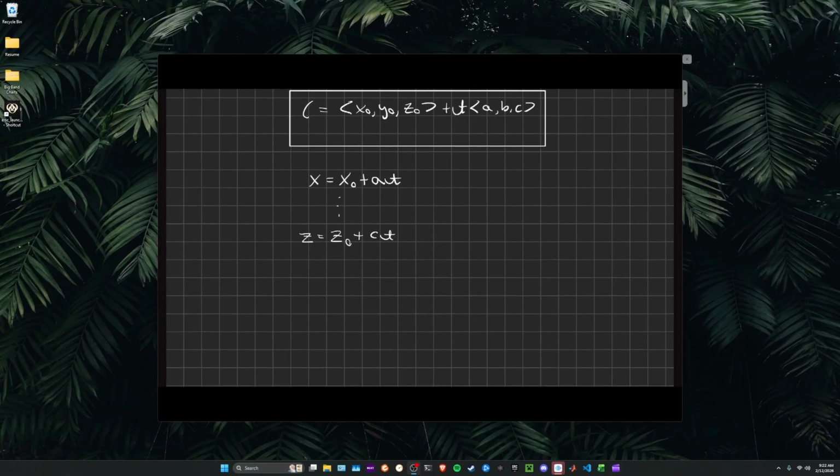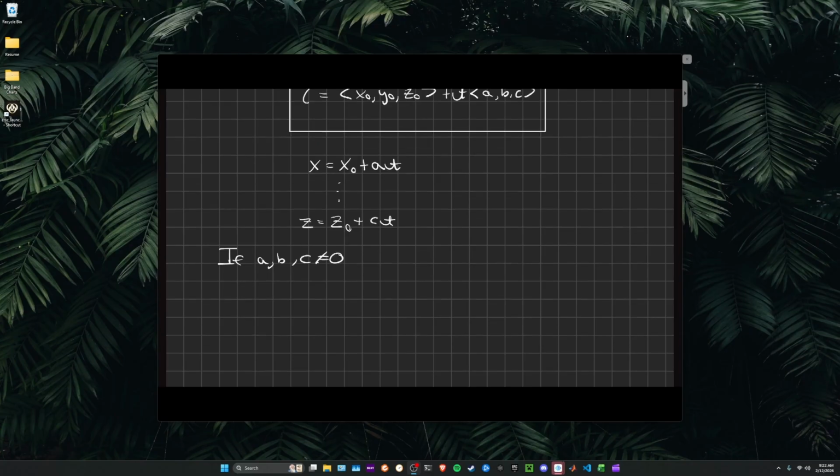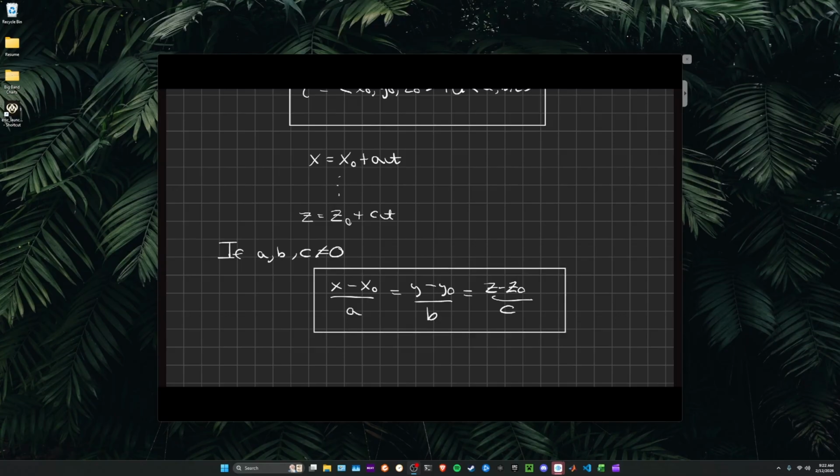The other thing I'd mention is that as long as a, b, and c are non-zero, there's a symmetric form of these parametric equations: (x minus x naught) over a equals (y minus y naught) over b equals (z minus z naught) over c. This is situational like everything, but it can be nice for some equivalent relations.